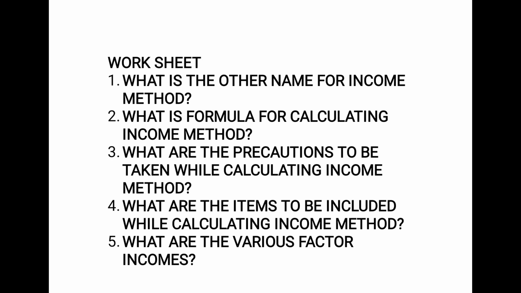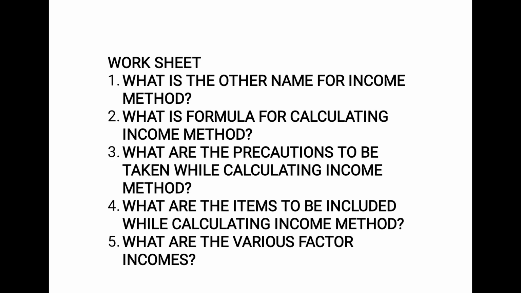What are the precautions to be taken while calculating income method? We saw some precautions to be taken while calculating the national income. Transfer payment should not be included. Sale of second hand goods should not be included. Lottery winnings should not be included.